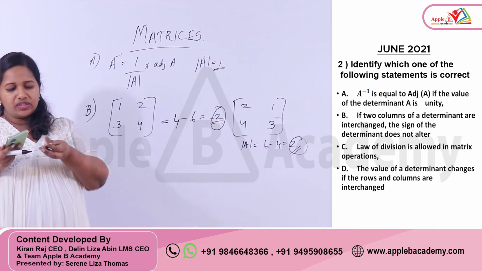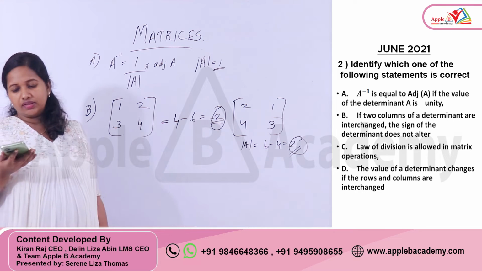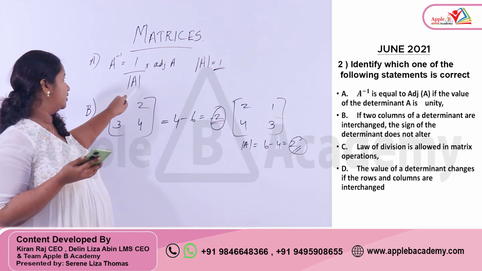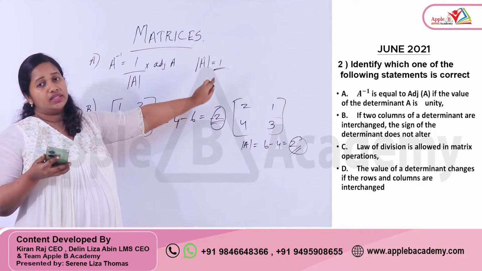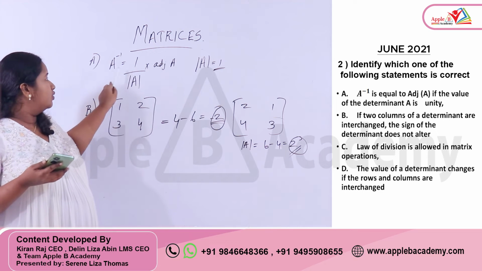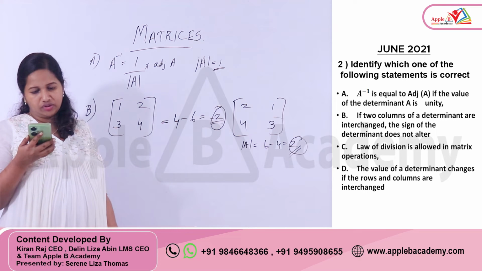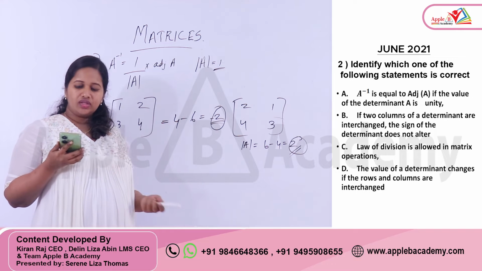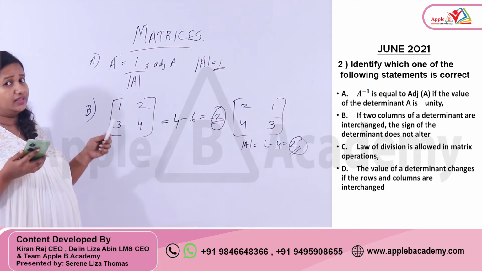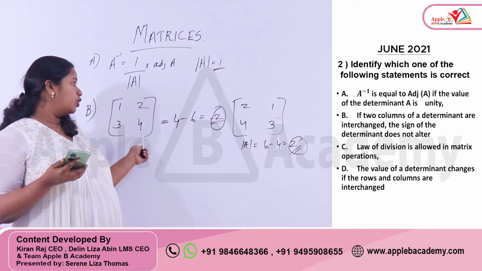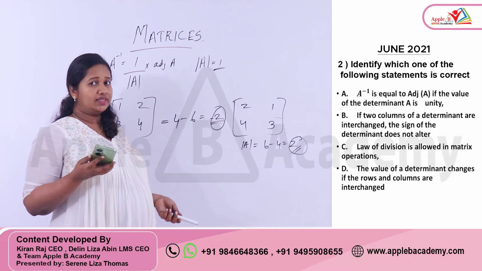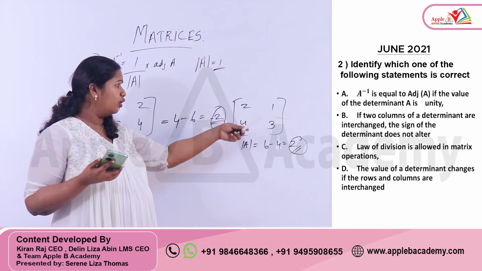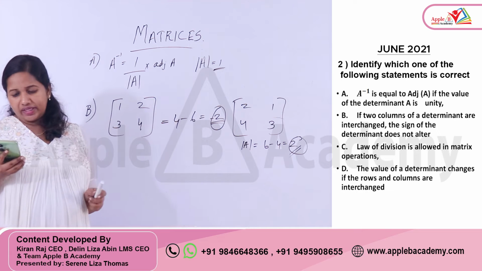So, the first statement, A inverse is equal to adjoint of A if the value of the determinant A is unity, that is correct, since if determinant is equal to 1, then A inverse will be equal to adjoint of A. Second statement, the sign of the determinant does not alter, that is false. If two columns or rows are interchanged, then the sign of the determinant changes.